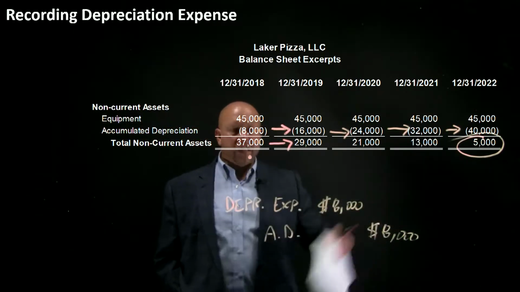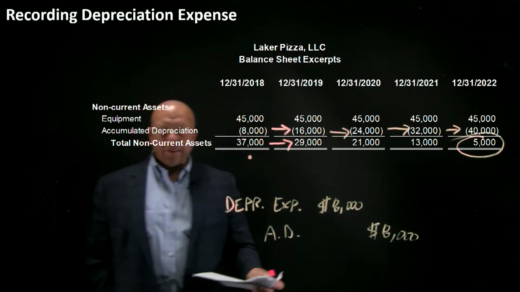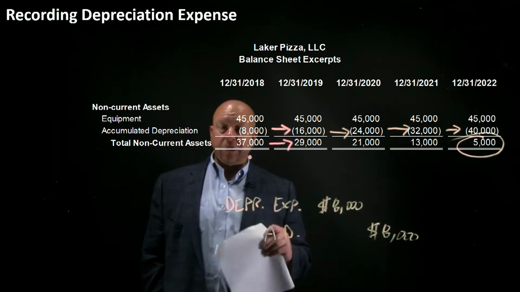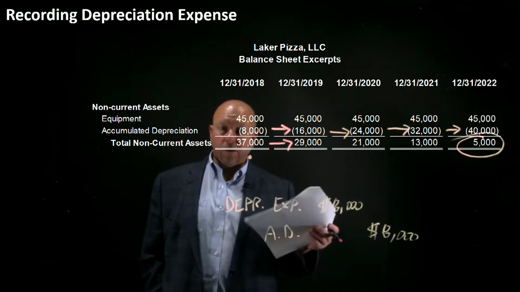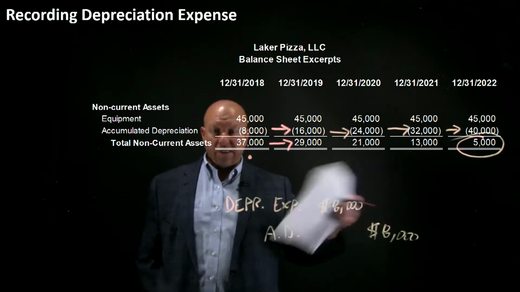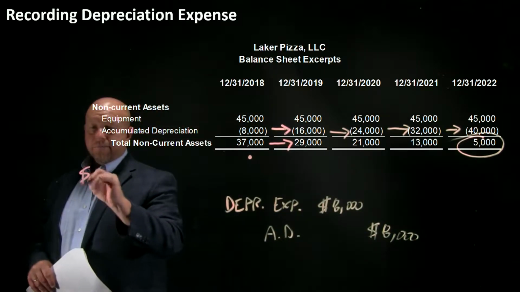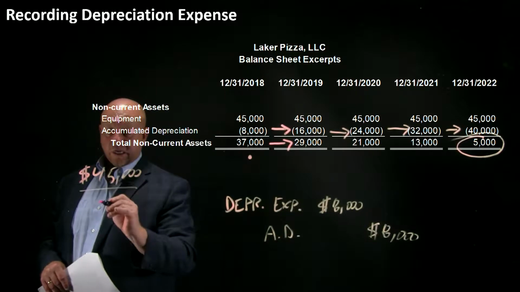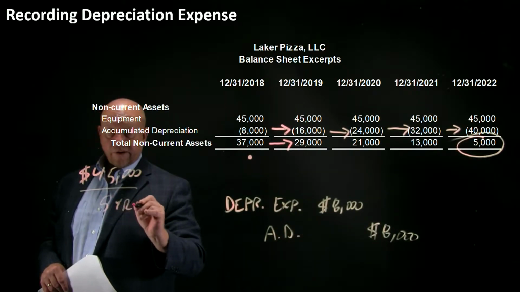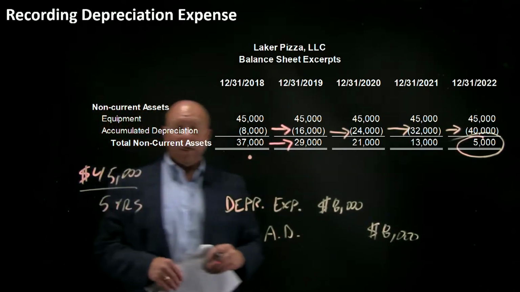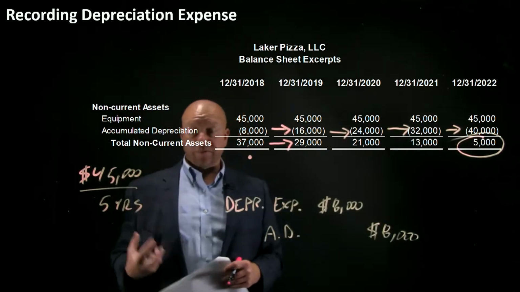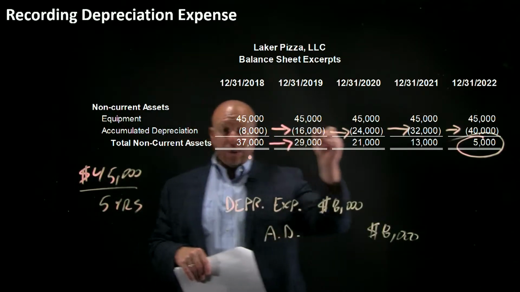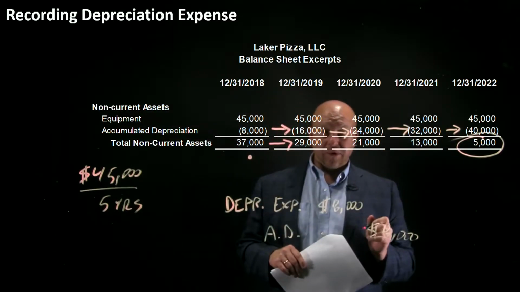Now, one note about salvage value. A lot of times in practice, in the real world, if you will, companies simply don't assign a salvage value. So what they would do in this case is they would basically say, well, okay, if there's no salvage value, we'll just depreciate the entire $45,000 over 5 years, and the depreciation rate will, of course, be greater than $8,000, and the net book value would decline at a rate of $9,000 per year.